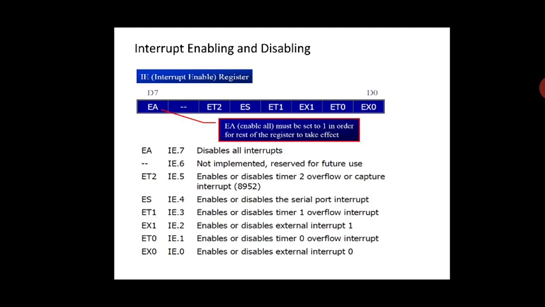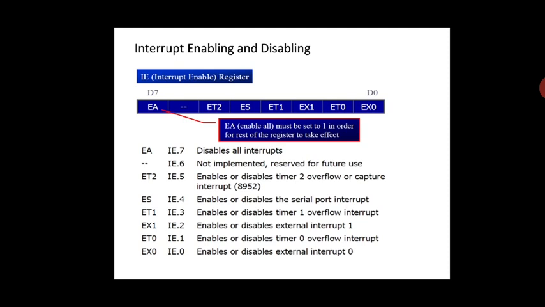It makes the timer masked or unmasked, meaning enabled or not enabled. ES enables or disables the serial port interrupts, whether I want to serve the operation or not serve it. ET1 enables or disables the timer 1 overflow interrupt.